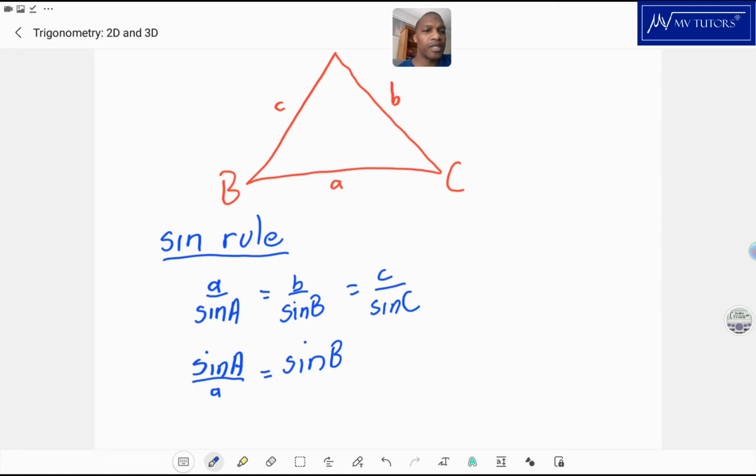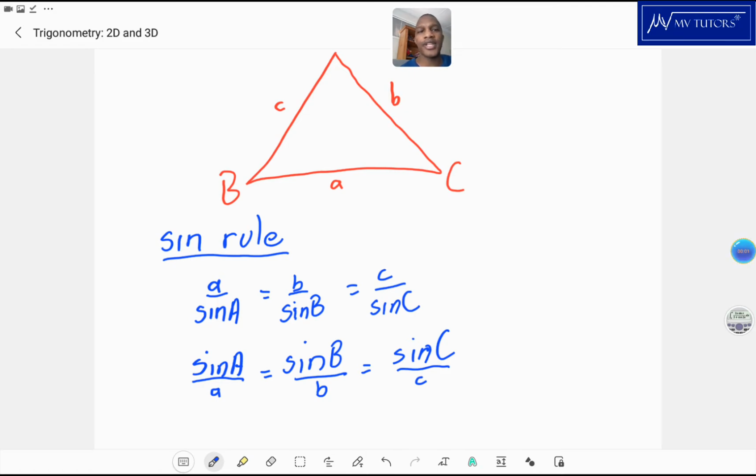Sine B over b is equal to sine C over c. Now that's what we call the sine rule.